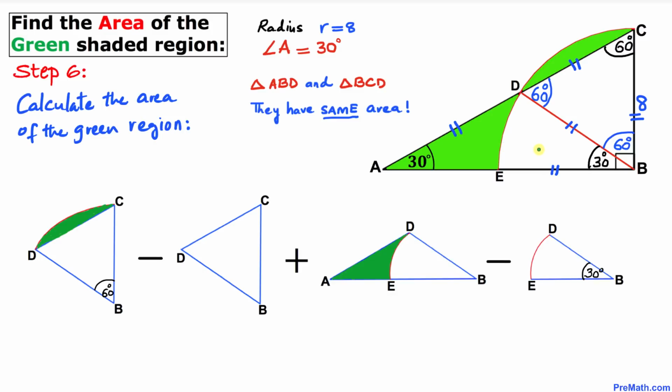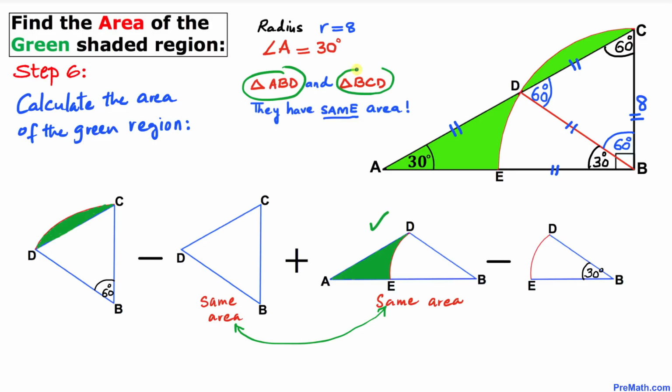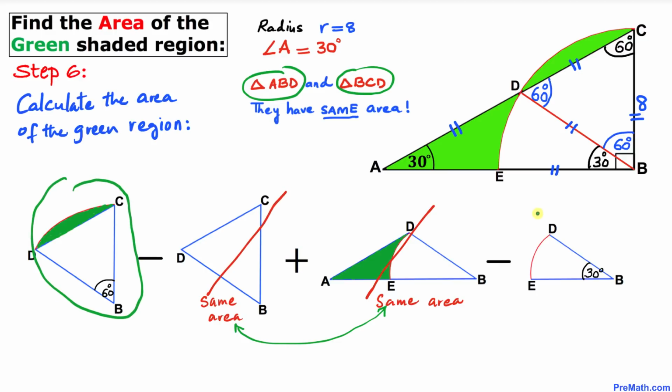And then I have subtracted this sector EBD from triangle ABD. We know that triangle ABD and triangle BCD both have the same area. And since they have opposite signs, this cancels out with this one. So we end up with sector BCD minus sector BDE.